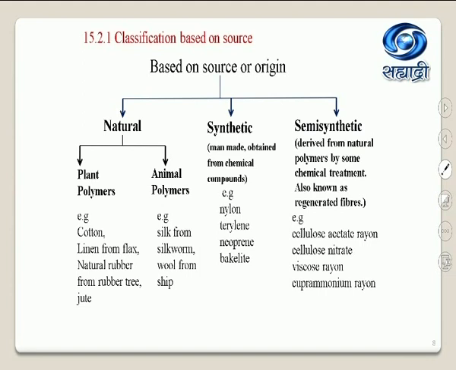That means natural polymers, whose properties are improved by some chemical treatment, and therefore they are known as semi-synthetic polymers. They are also known as regenerated fibers. Examples are cellulose acetate rayon, cellulose nitrate, viscose rayon, cuprammonium rayon. These are the different examples of semi-synthetic polymers.